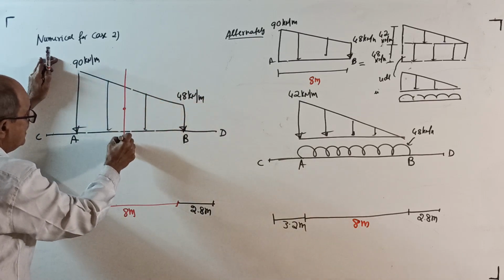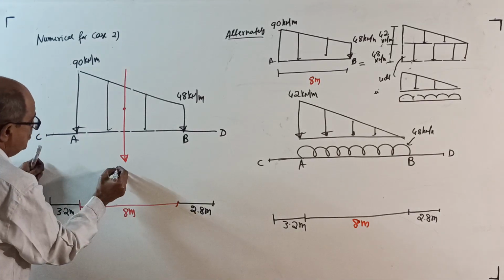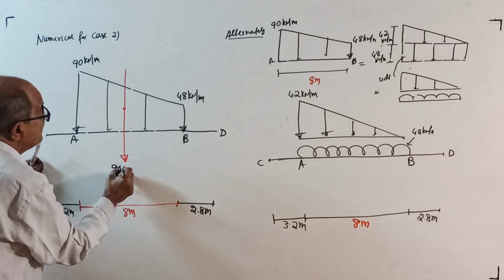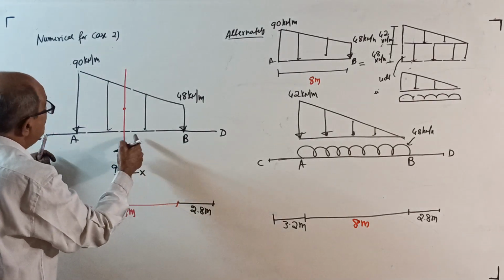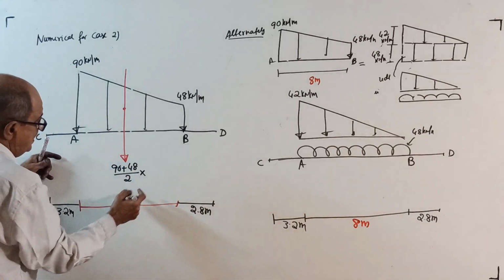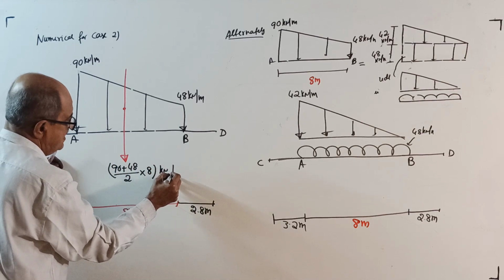If you consider the full trapezium, the magnitude of the total load is equal to 90 plus 48 divided by 2, into 8, the loaded length 8. That much kilonewton down.